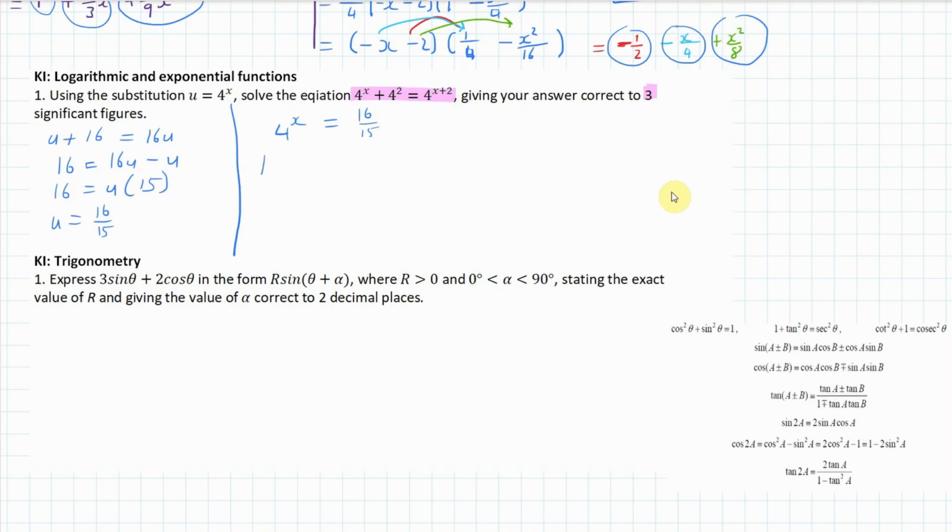I'm going to use logs now. Log base 4 of 4 to the x equals log base 4 of 16 over 15. So x is equal to, and when you put that into your calculator, you get 0.0466 to 3 significant figures.